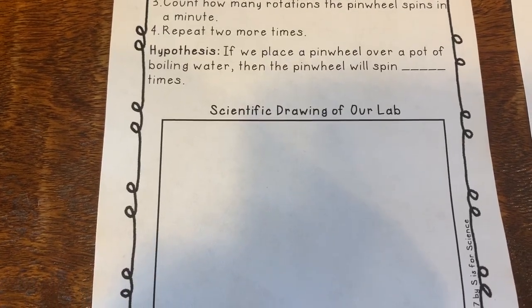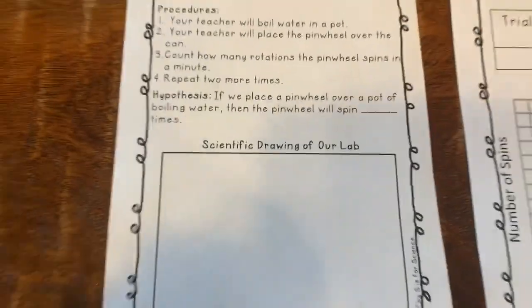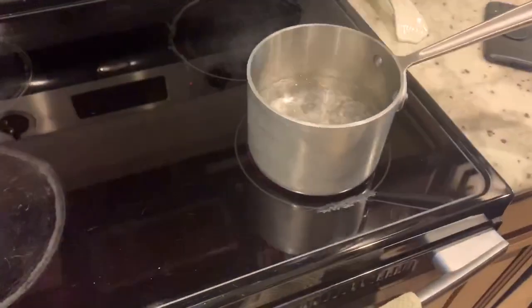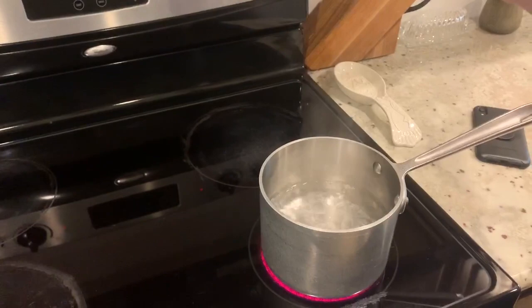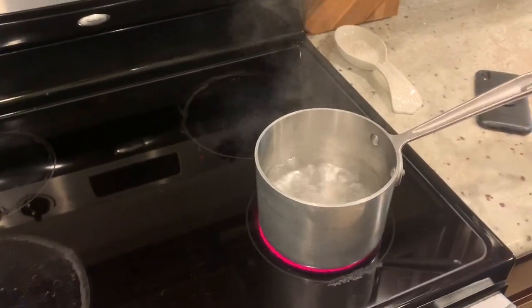All right, let's get started. So we're gonna go over to our stove in our kitchen. And I think we'll just, you know what, I have a timer here. Let's see. Okay, I'm gonna just test it. Yeah, I think this will work. And then I'm gonna set a little timer here for one minute. Ready, set, go.